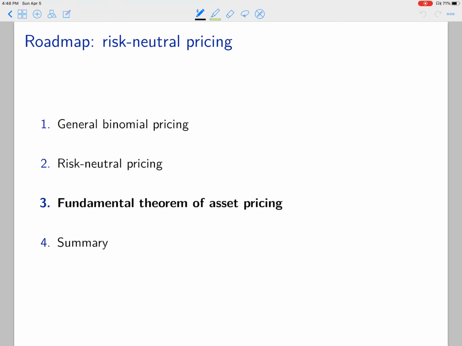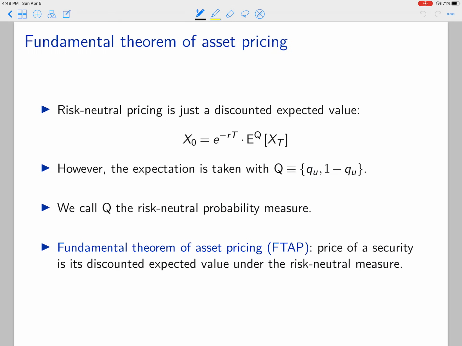In the previous video, we learned about a risk-neutral pricing recipe. The recipe told us that the price of a derivative, x0, is equal to its discounted risk-neutral weighted average payoff.